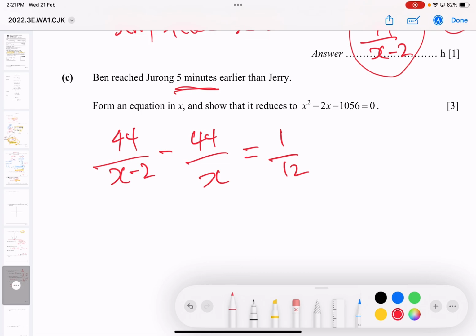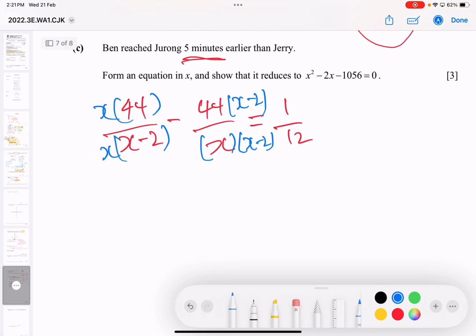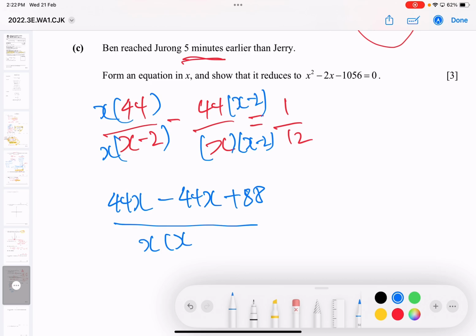How to do this? Combine these two into one fraction. Make the denominator the same. Once the denominator is the same, you can proceed to combine: 44x minus 44 times x minus 2, over x squared minus 2x, equals 1 over 12.